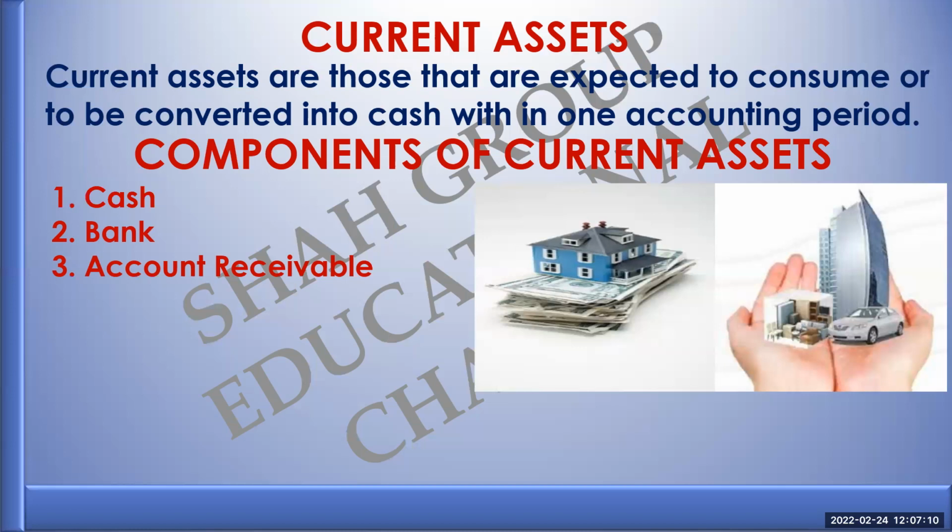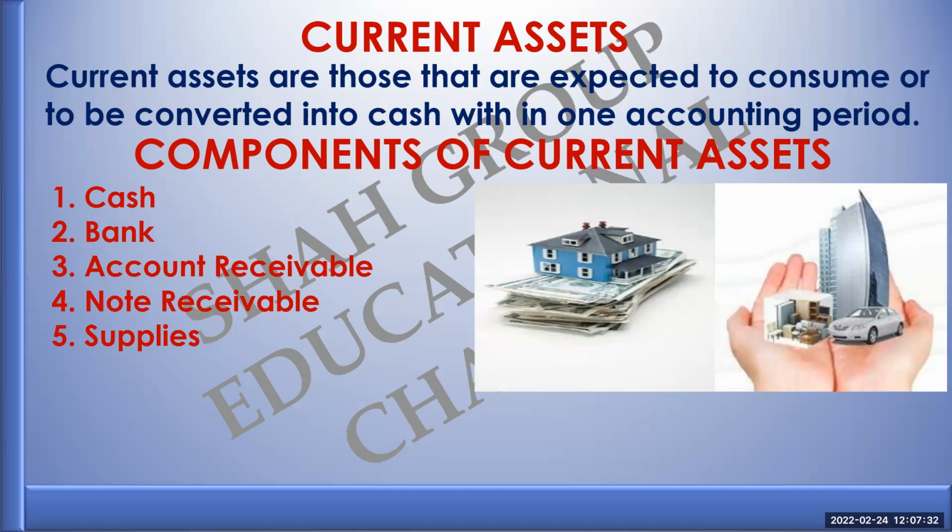An account receivable is an oral agreement. The next is note receivable. Note receivable is a written agreement of collection from customers as the result of selling goods or services on credit. The next is supplies. Supplies refers to the stationery items for office use.